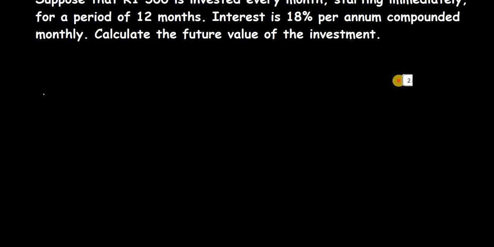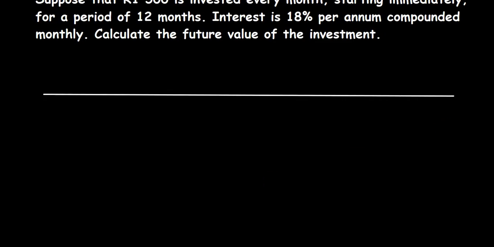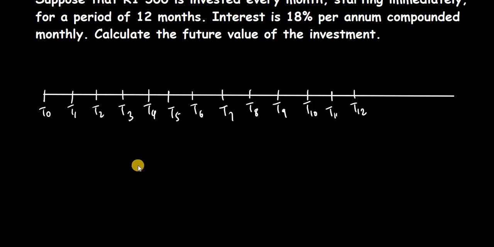If we can remember timelines, a timeline for 1 year starts from T0, then it goes T1, T2, T3, T4, 5, up to 12. So this is the timeline for a year.